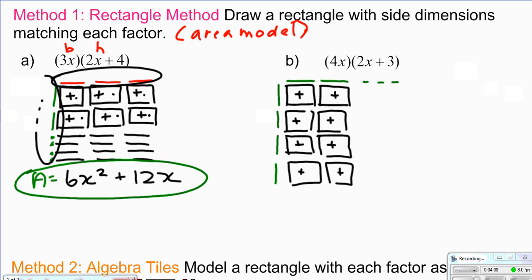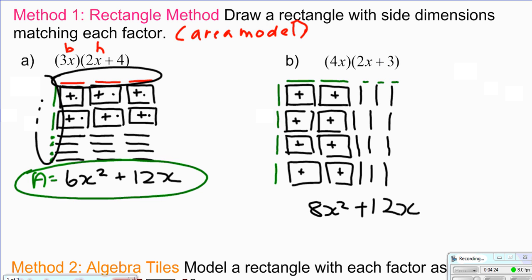So 2, 4, 6, 8 x squareds. Then filling in x times 1 is x, x, x. So we have 12 x's. So 8x squared plus 12x, that's the area when we multiply these two.